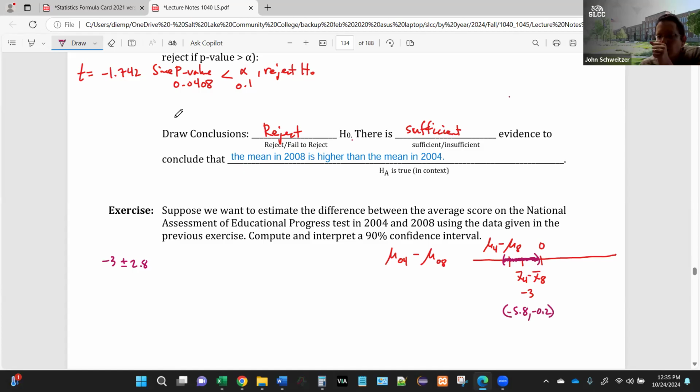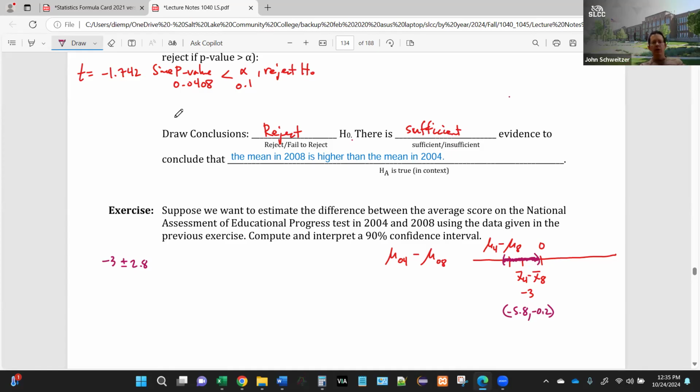Okay, so what does that mean? Well, it means that the difference between those two means could be as little as 0.2 points, so like a fraction of a point, or it could be as much as about 6 points.